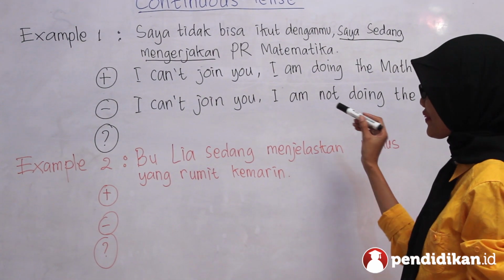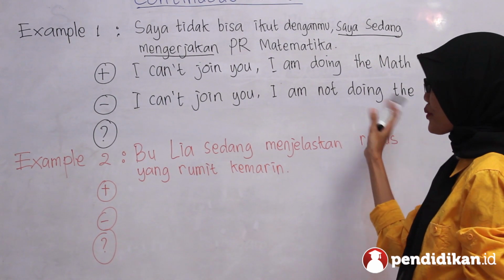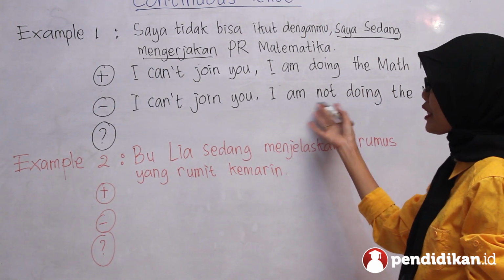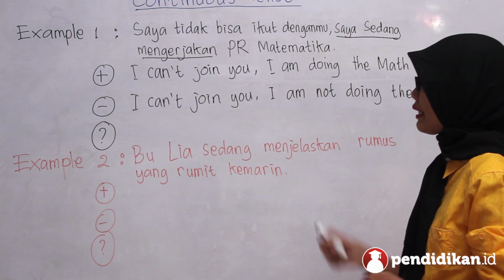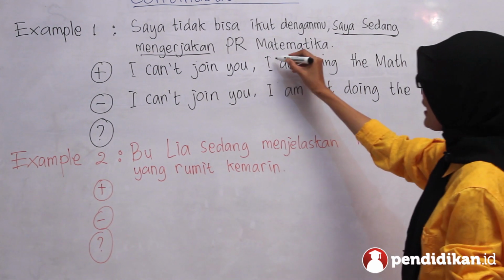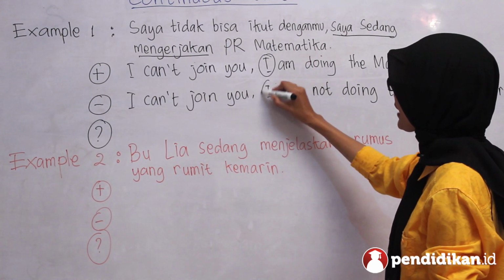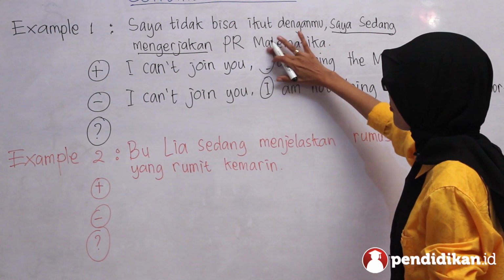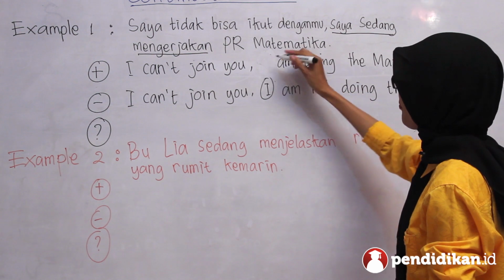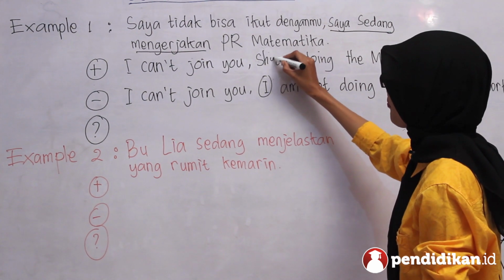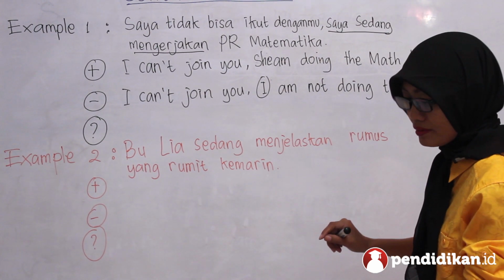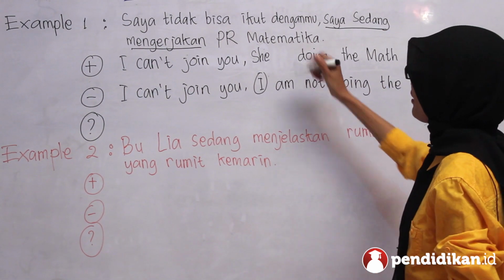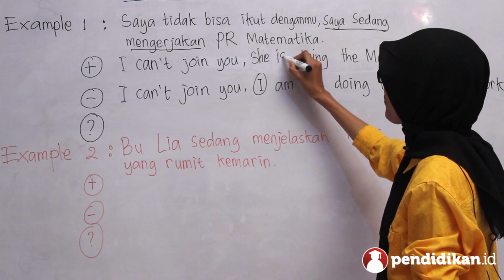To make interrogative sentence, we just put the word am, is, or are in front of the subject. Let's see this one. If the subject I changes into she, of course, we use is.